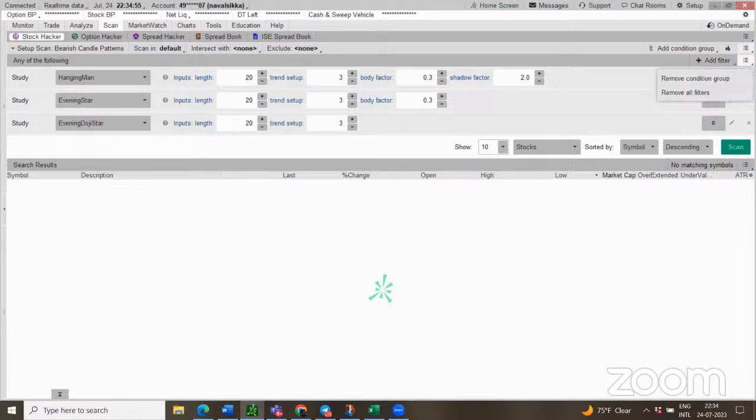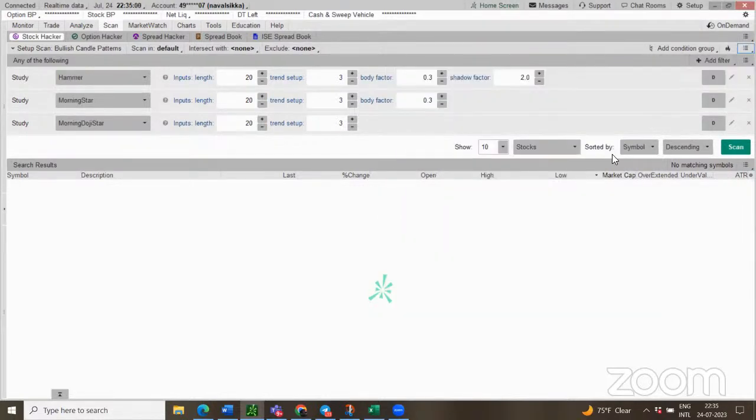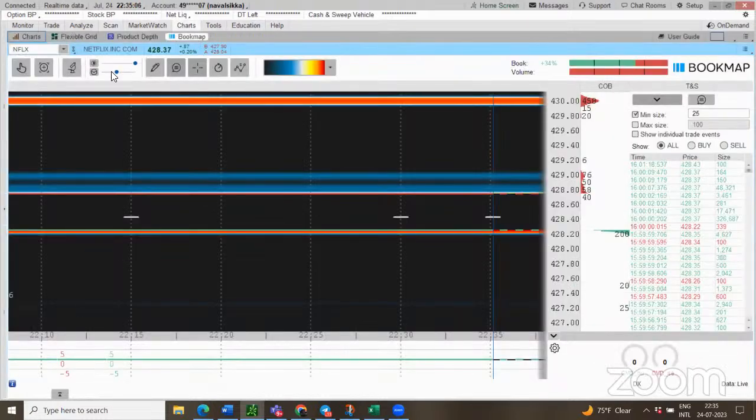Then I'll go and check on bullish candle patterns. Hammer, morning star, morning doji star, nothing. So there's not much. So let's start from ES right away.